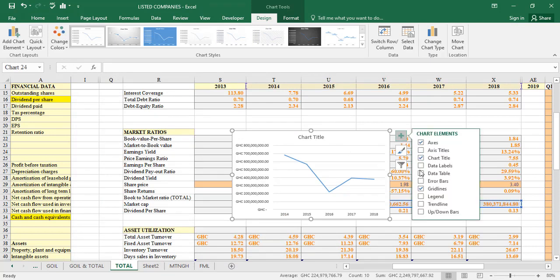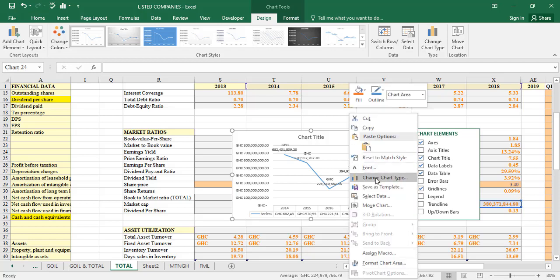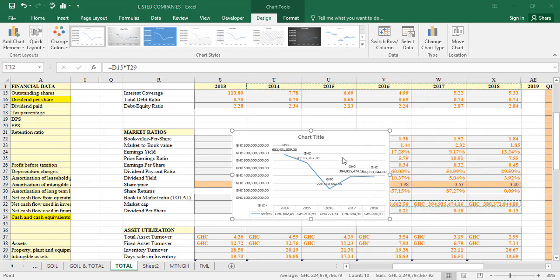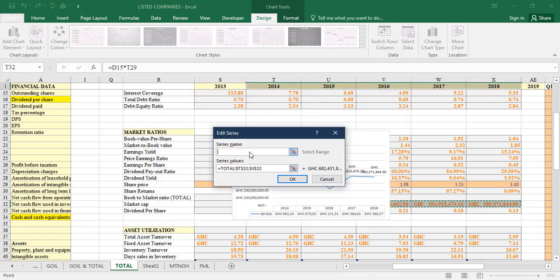Like I said, the market cap represents the value of the firm on the market, the true value of the firm on the market. So let's see how the company is actually valued on the market. This is influenced by the share price, and then the total number of outstanding shares, but mostly it is the share price.